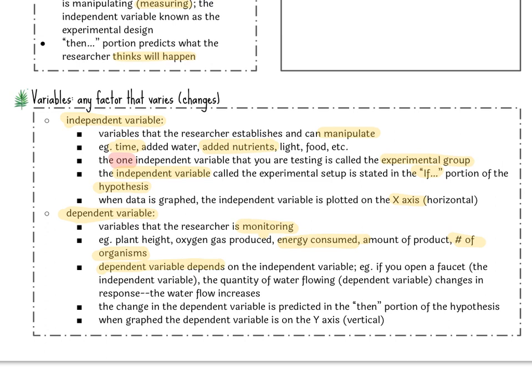So a dependent variable basically changes in response to the independent variable. And like right here, the hypothesis is made up of the independent variable and the dependent variable. So the change in the dependent variable is predicted in the then portion of the hypothesis.